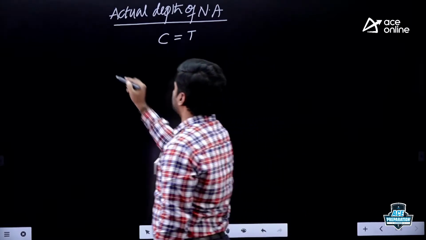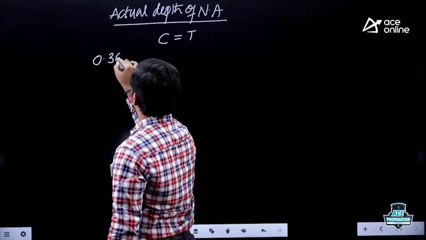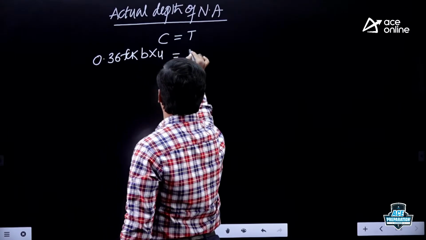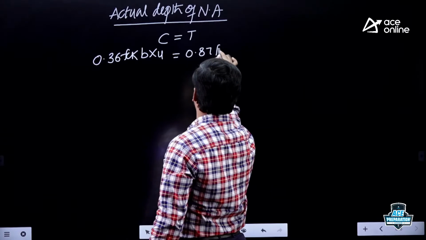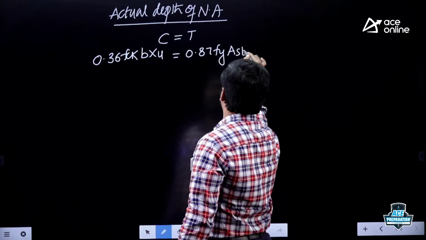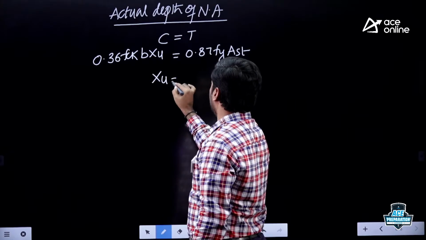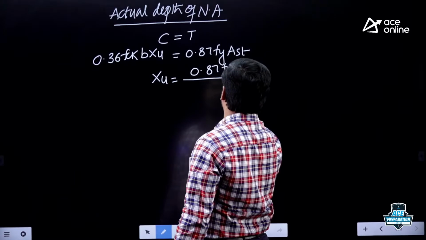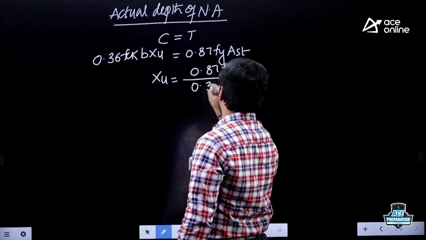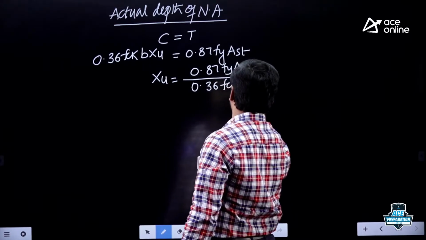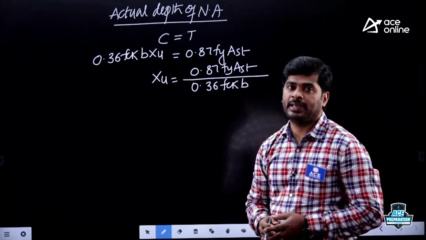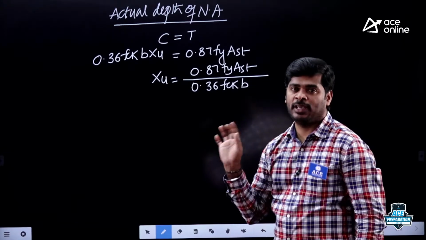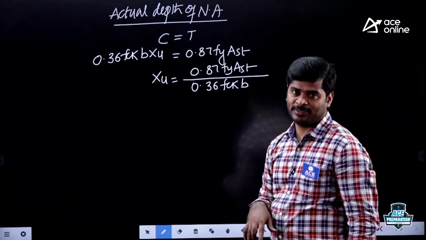What is the compressive force? 0.36 fck b xu, which is equal to the tensile force 0.87 fy Ast. From this you can get the actual depth of neutral axis, xu equals 0.87 fy Ast upon 0.36 fck into b. Okay, what is the question? Actual depth of neutral axis in the beam, right?